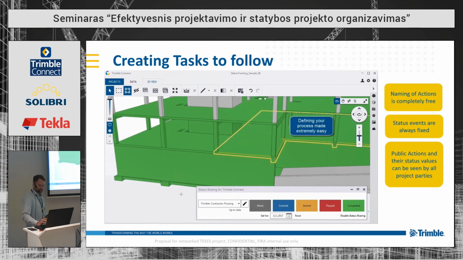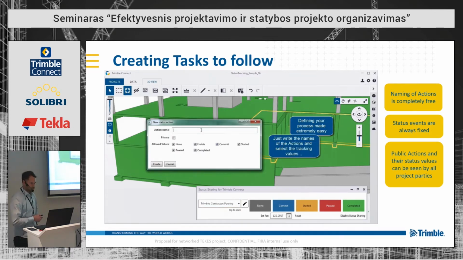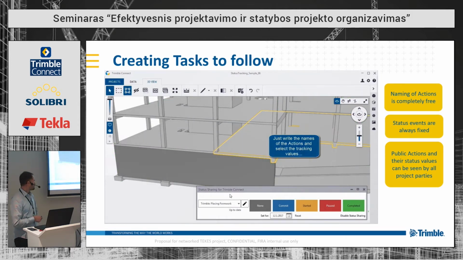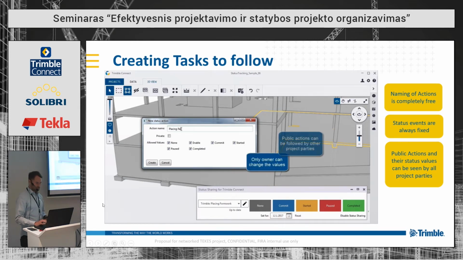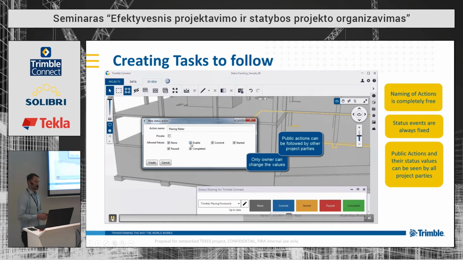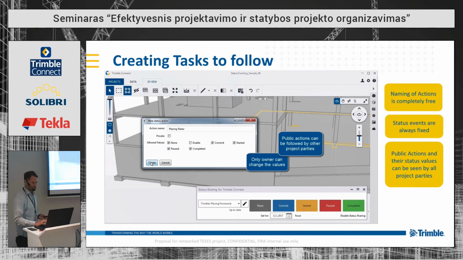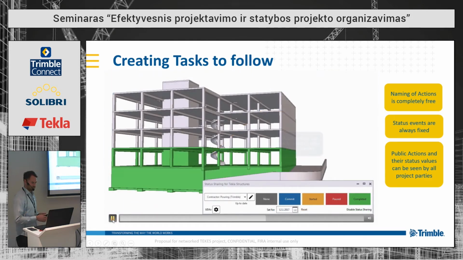So let's see it again. Okay, now we just create the task and select whether it's private, and then it's already there. The basic setting is that everything in the model turns gray, so it shows that nothing has happened yet.